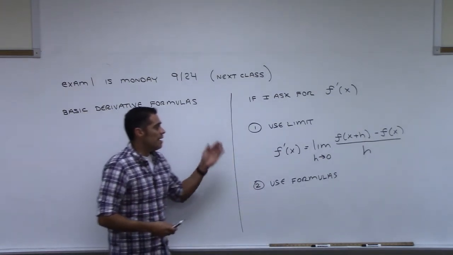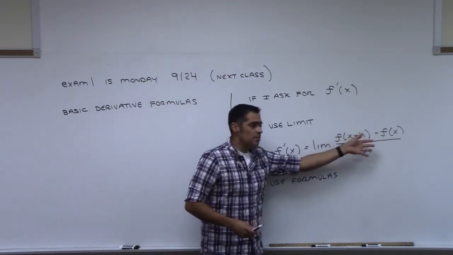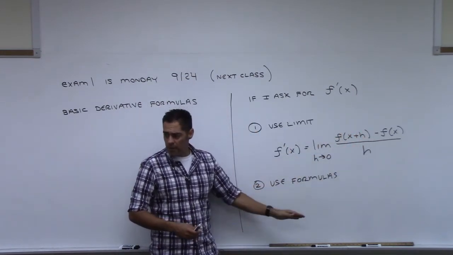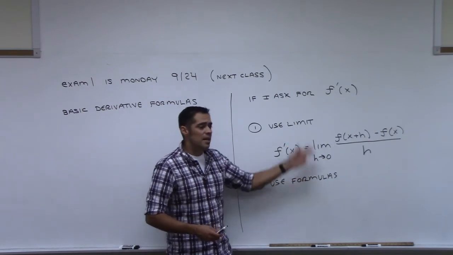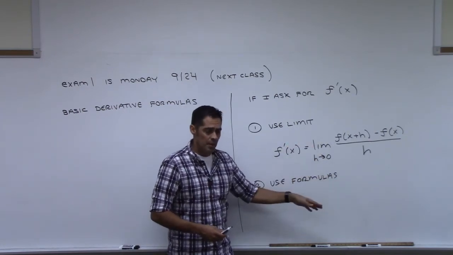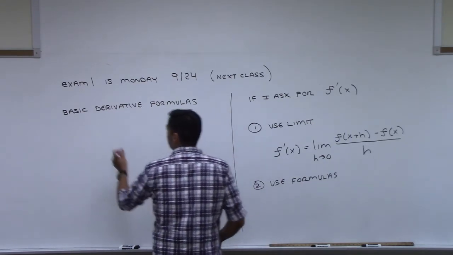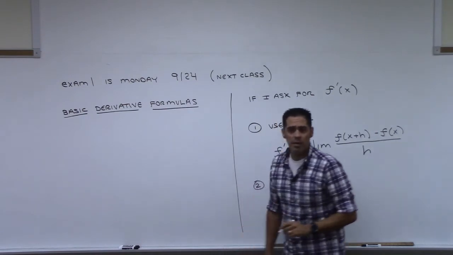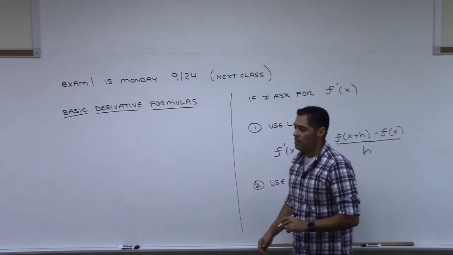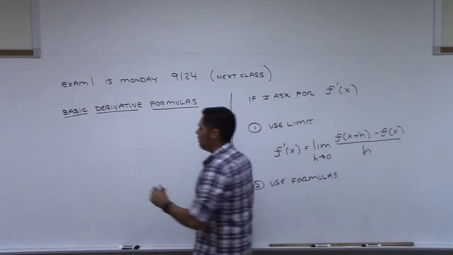And also remember that even if you have to use the limit definition, you can use the formulas to check your answer, to make sure you got to the same result. Because you should get to the same answer either way, okay? So what I'm going to do now is finish up what we were talking about last time, which was the derivative formulas. So let's list them out, the ones that we already talked about.